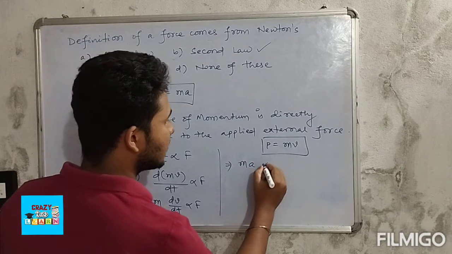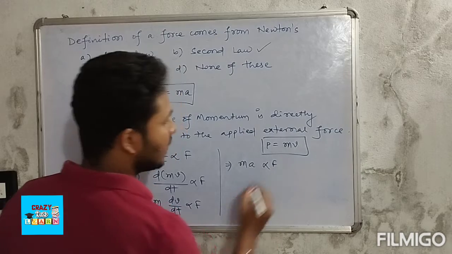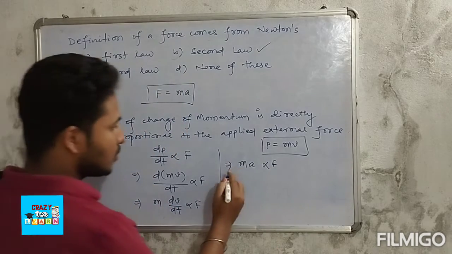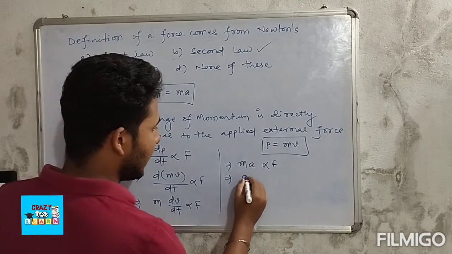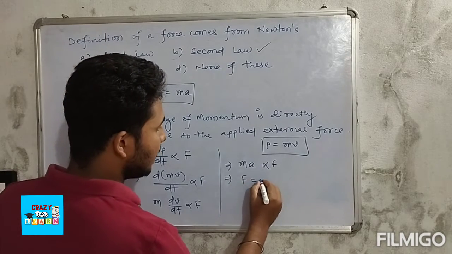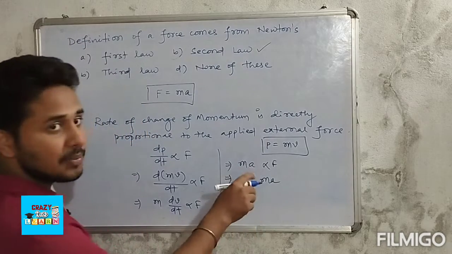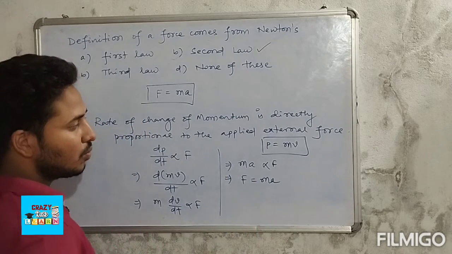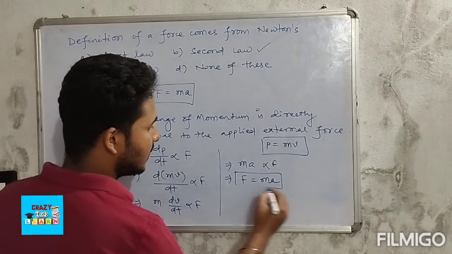So mass into acceleration is directly proportional to F. Experimentally it is found that F is equal to ma. As here the proportionality constant is equal to 1, F is equal to ma.